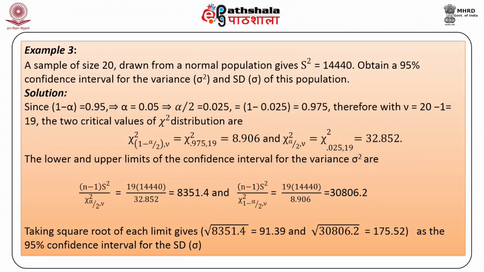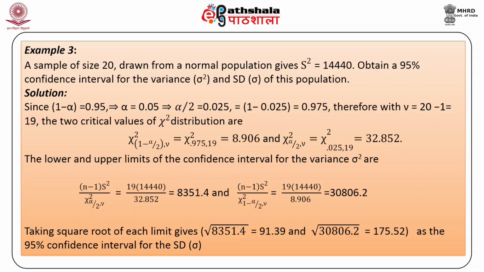Example 3, or another example, is where a sample of size 20 drawn from a normal population gives S square equal to 14,440. Obtain a 95% confidence interval for the variance sigma square and a standard deviation sigma of this population. So you have this solution which you can see on your screen.